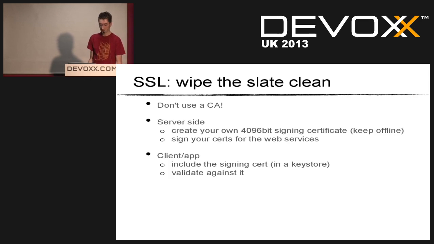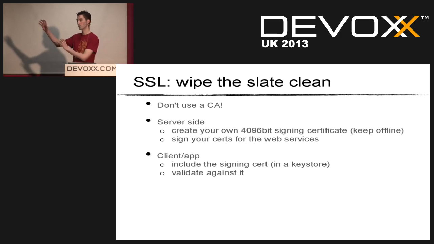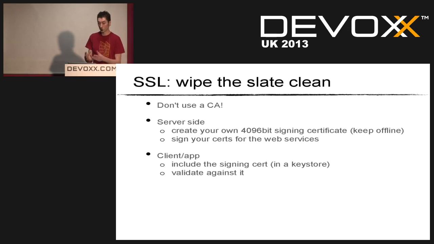The other way to avoid this is to not use certificate authorities at all. Is to wipe the slate clean. Often when you develop an app, you actually control the servers as well, and so for that you could just create your own self-signed certificate. And this is like an extreme version of pinning. You're just pinning to your own certificate.